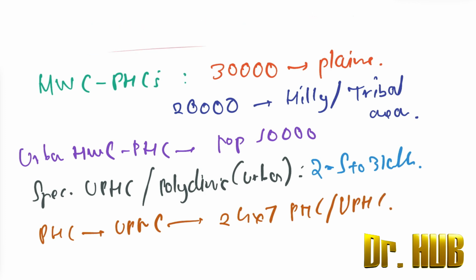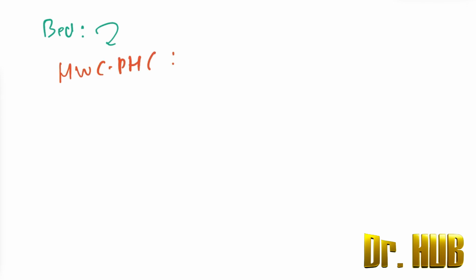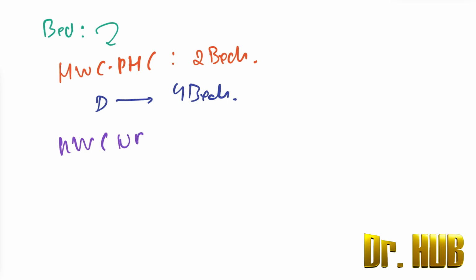Now let's look at the bed distribution. In the HWC PHC, there are essentially 2 beds and the desirable will be 4 beds. Next we look at the HWC UPHC.